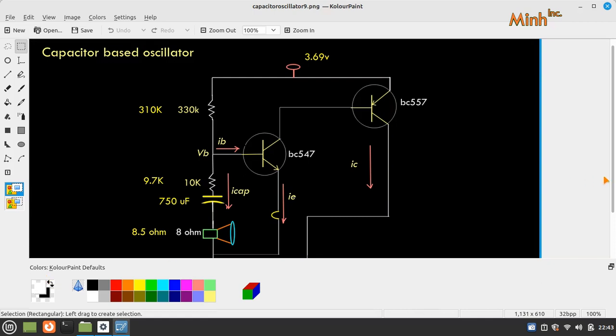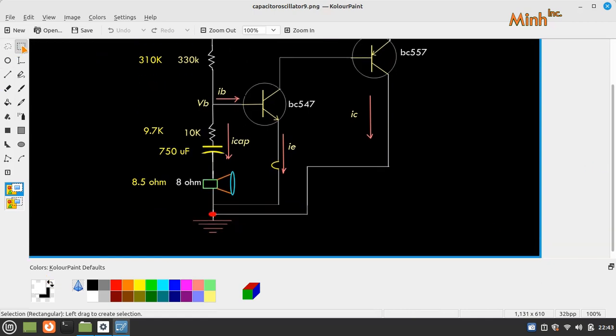Okay, so we'll collect IC at that place. Okay, so we have connected back the IC.